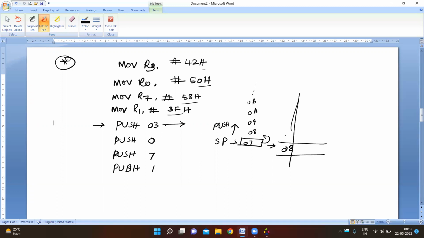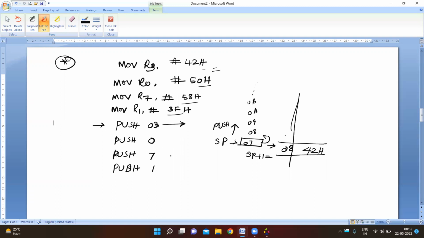Push 3 means the contents of location 3 will be pushed onto the stack. The stack is pointed at 08, because once a push instruction is executed, the stack pointer is incremented by 1, so SP plus 1 gives 8. Location 03 holds 42H. Therefore 42H will be pushed onto location 08.